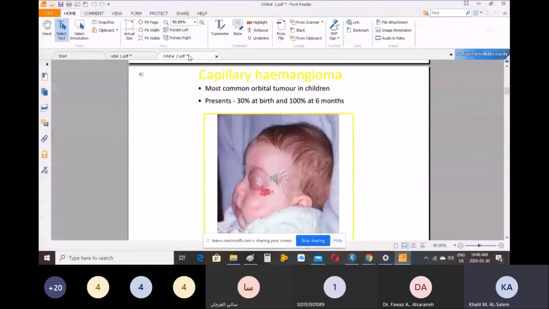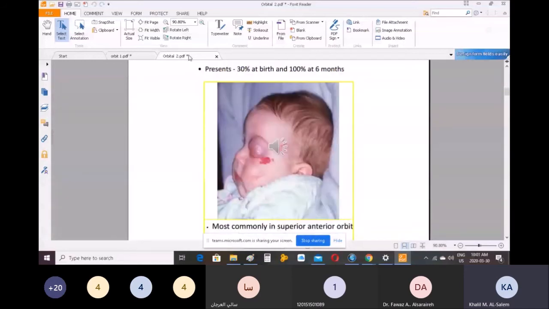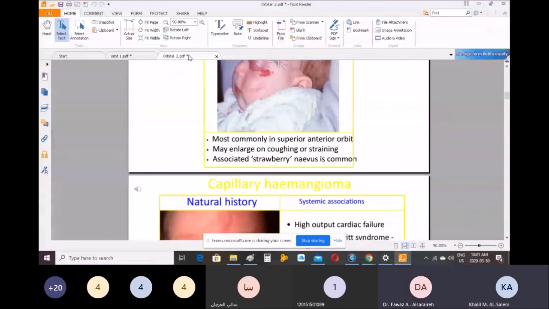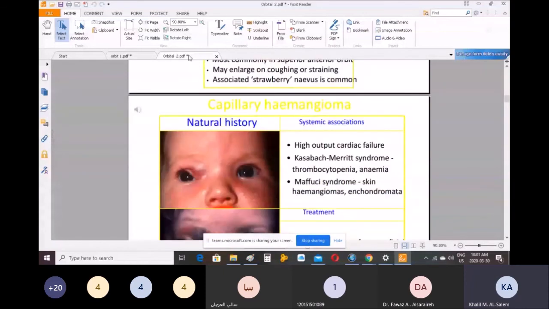They will regress with time, but it's very important to treat them because they can cause amblyopia in children. That's why we treat them with either oral steroids or intralesional steroids, and rarely they can be given beta blockers if they are resilient and resistant. Intralesional anti-VEGF has also been tried with variable success.